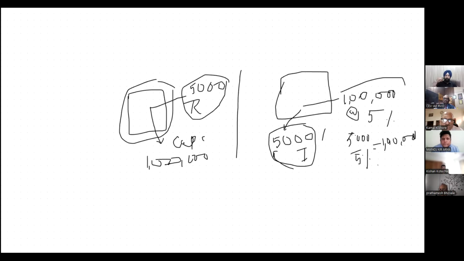So I think the concept of capitalized value is clear to you. What is capitalized value, in simple language? Any doubt about it? So how did you calculate this capitalized value?